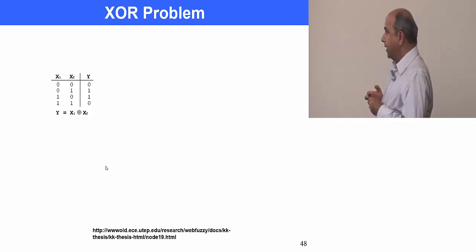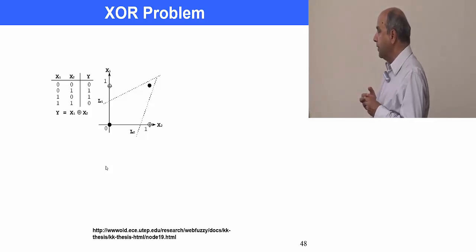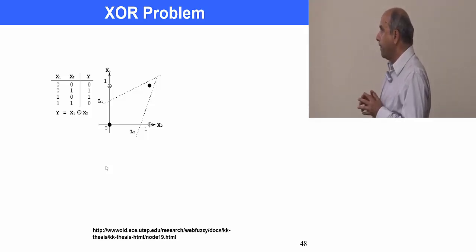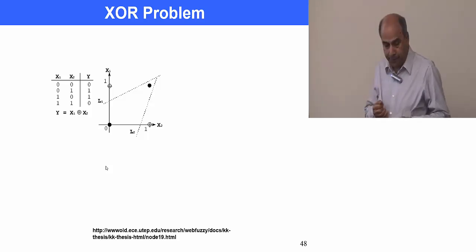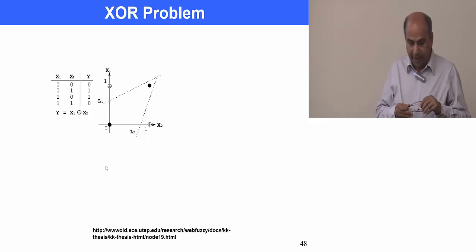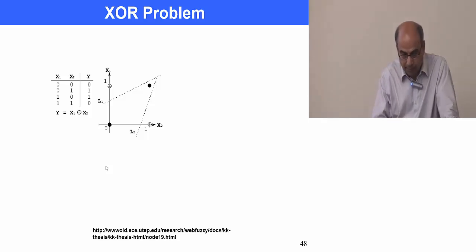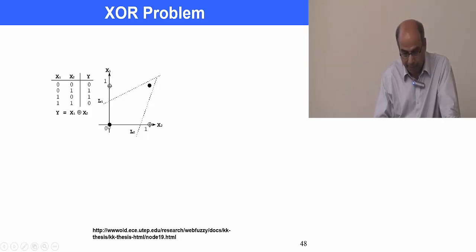Now, it is very difficult to come up with one linear separation for this. As you see here, this is 1. Here both are 0, and here both are 1s, so 0,0 and 1,1.